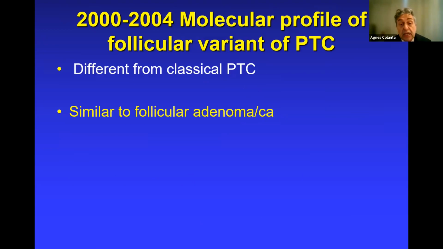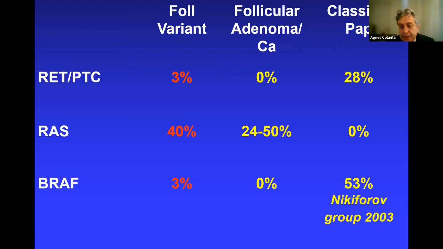This entity, at the molecular level, is different from classical papillary carcinoma, and you can see that it is much closer to follicular adenoma and carcinoma. One of the first papers on this subject was done by Yuri Nikiforov, who is now at the University of Pittsburgh, where they genotyped a bunch of follicular variants of papillary carcinoma.